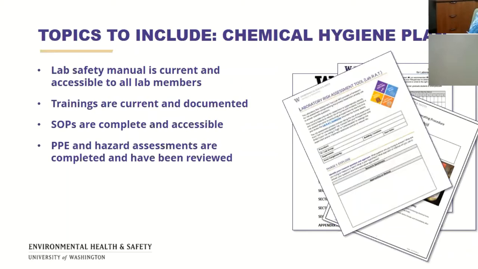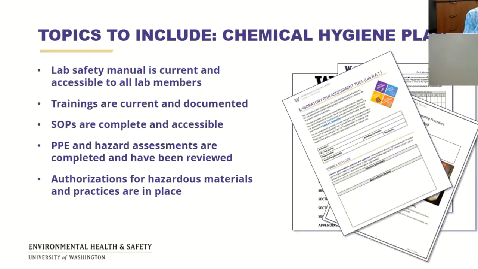Review PPE and hazard assessments to make sure that they are complete and current for the work being done right now, and review them for any changes that need to be made. You also want to make sure that you have authorizations for hazardous materials and practices in use in place. This may be something like a biological use authorization or authorizations for radioactive materials.